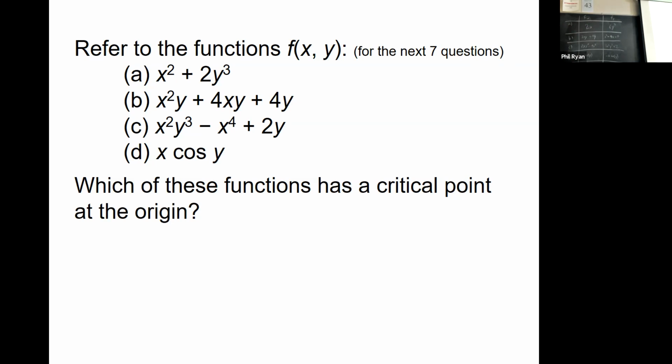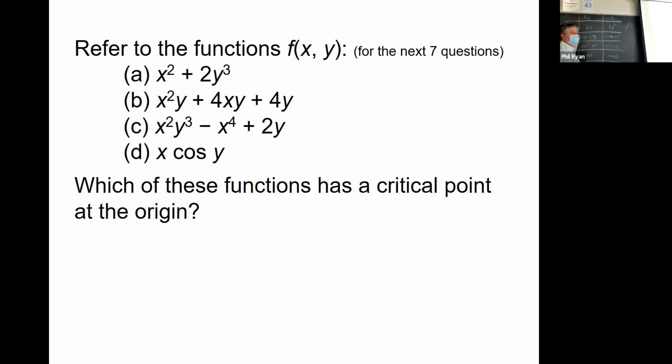Okay, so which of these functions has a critical point at the origin? Does A, if I plug in x equals 0 and y equals 0, do I get zeros? So yeah.